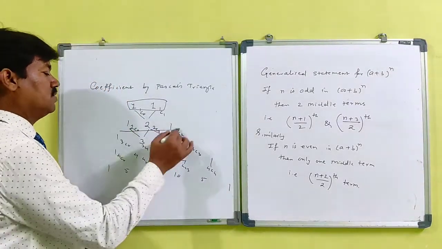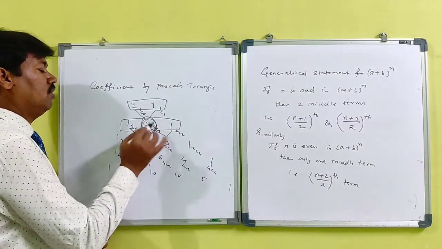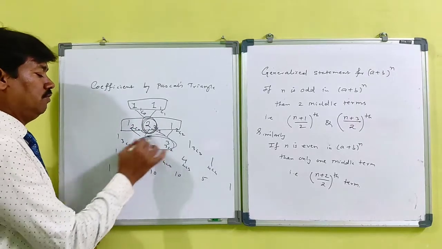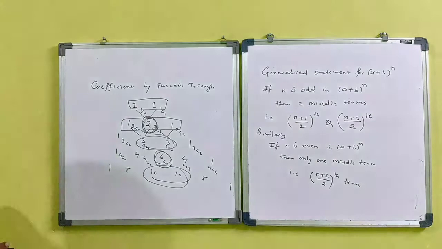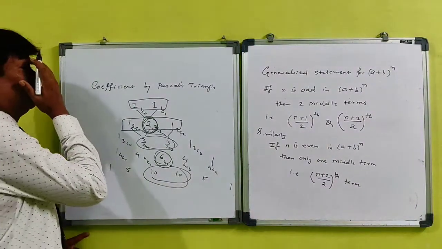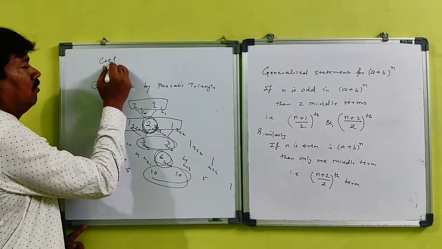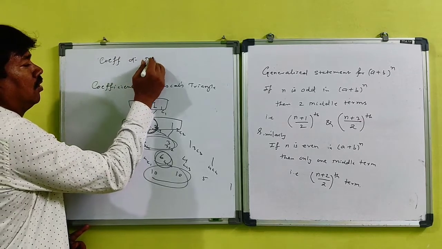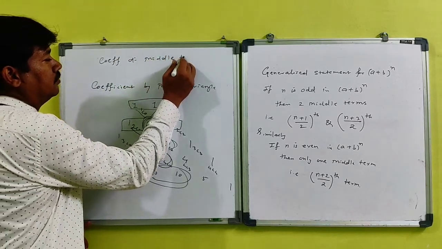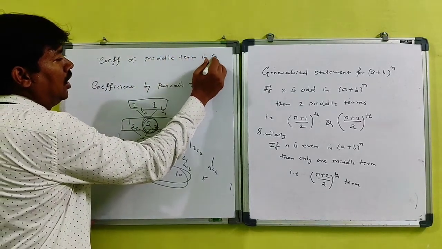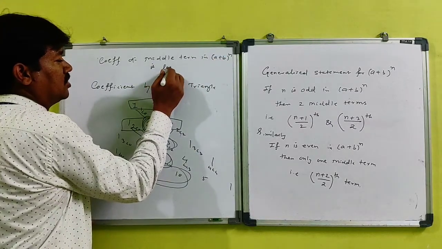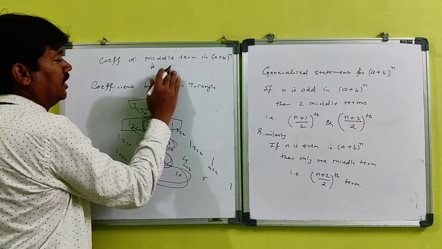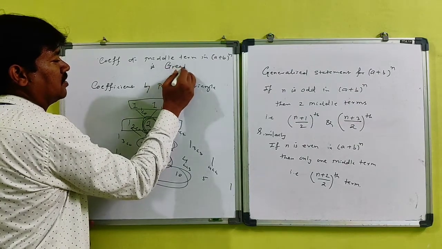For three terms, the middle term coefficient is the greatest. So always the coefficient of the middle term in (a plus b) raised to n is the largest, or we can say greatest.